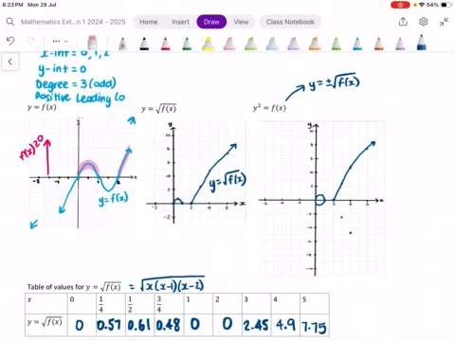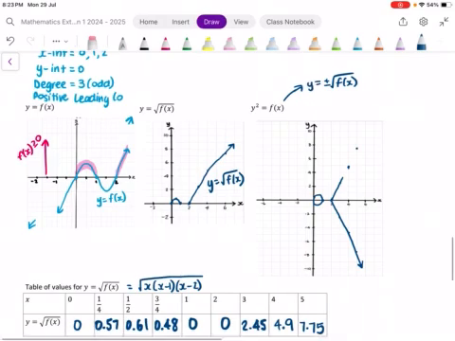I thought it was more meant to be a straight line. I'm hoping you picked that up and you're like, what is she doing? I'll just quickly fix up these graphs for you. Because we're at 5, we're at 7.75. Okay, so that is then the graph y squared equals f(x).